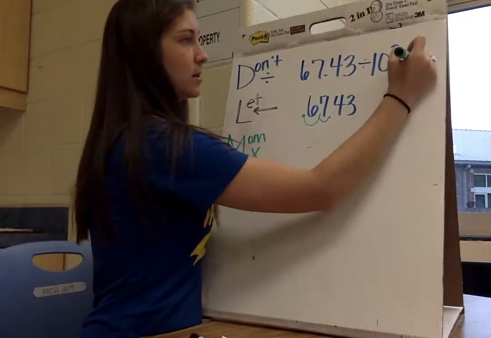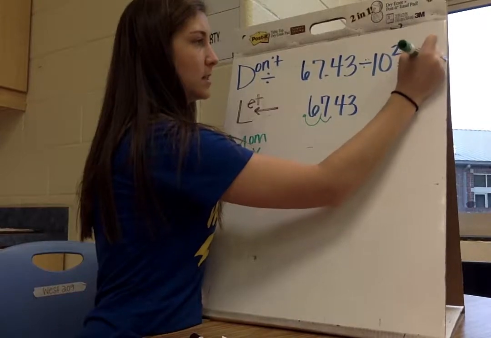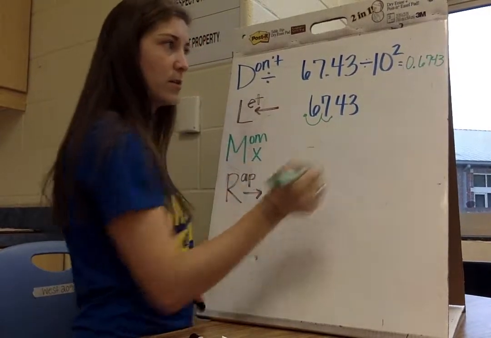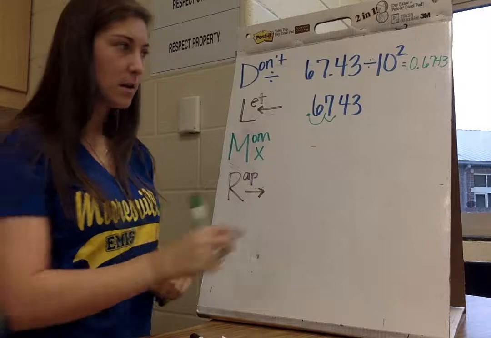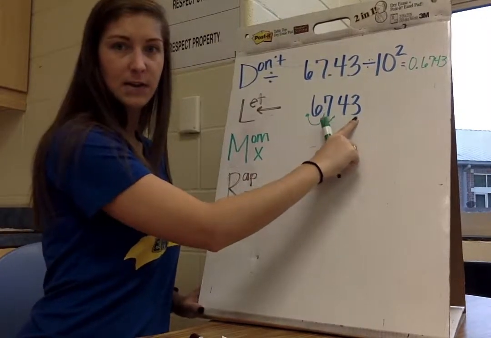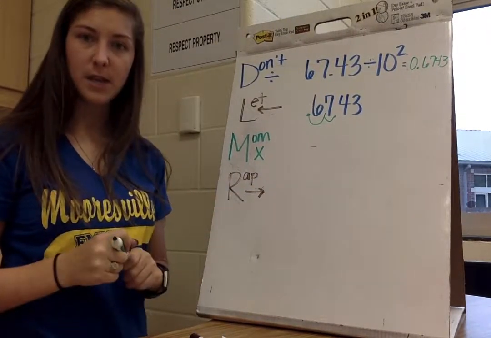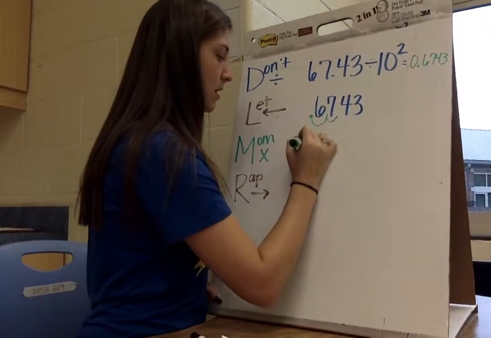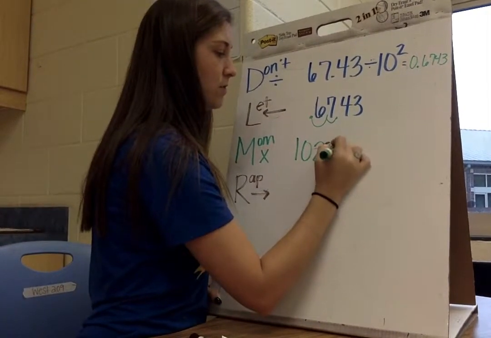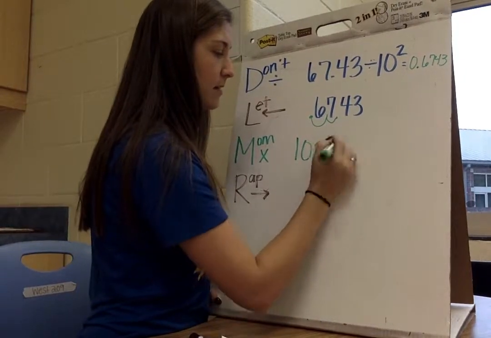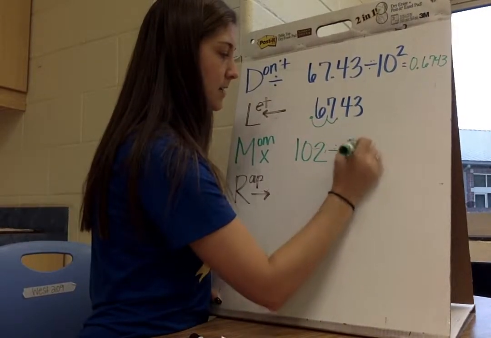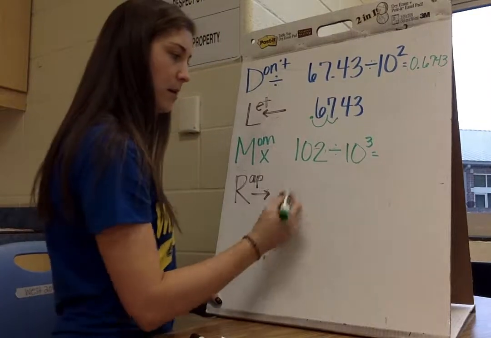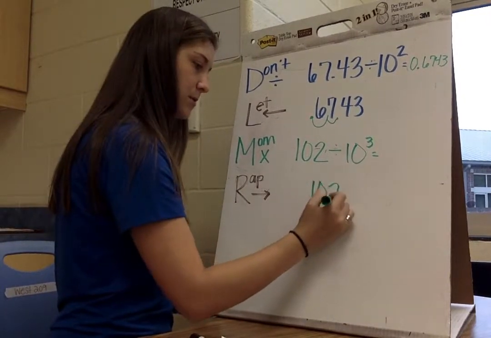Therefore, my answer is going to be 6,743 ten-thousandths, because this 3 right here is now in the ten-thousandths place. If I had 102 divided by 10 to the third power, I'm going to rewrite 102 down here.